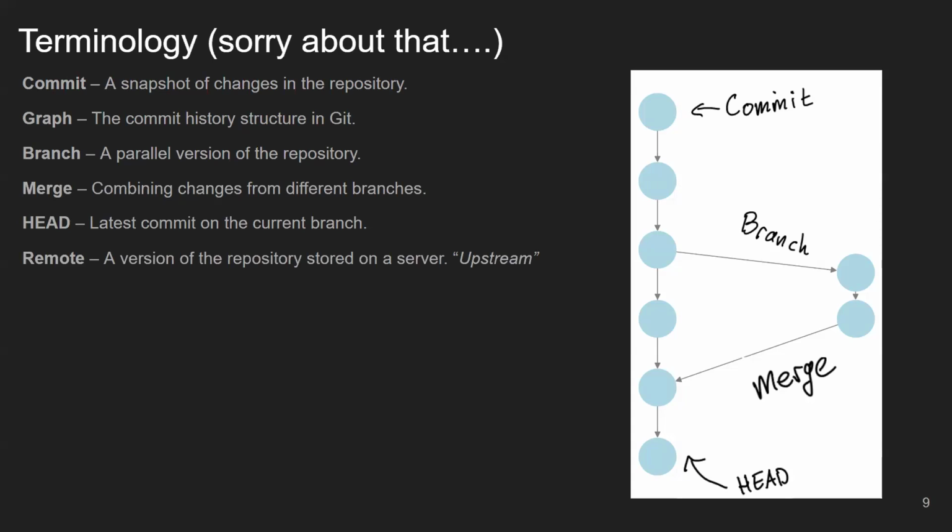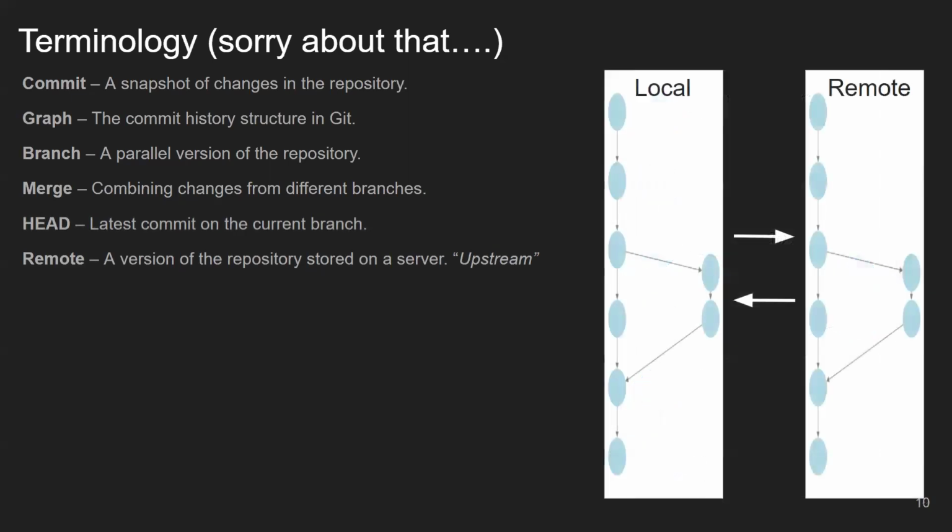Okay, I think I already used this word a couple of times without really explaining it, but a remote is a version or a copy of your whole repository on some remote server. So that remote server will typically be GitHub, but it could be any other number of websites or servers. Sometimes people also use the word upstream, and that's talking about changes that are made up in the remote, for example.